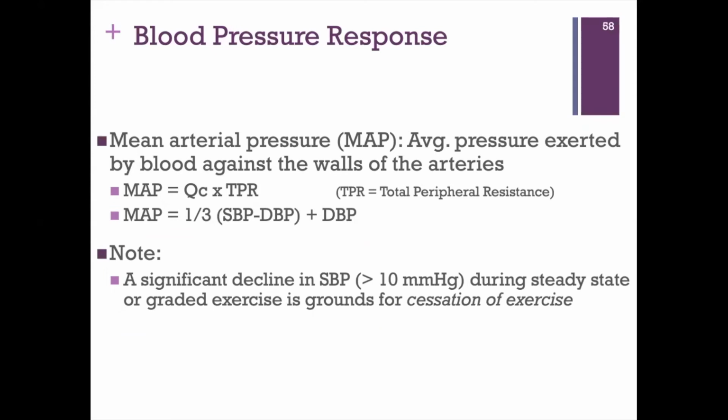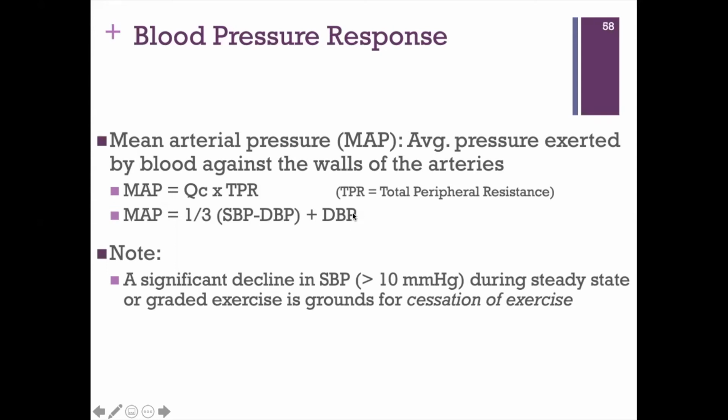But let's talk a little bit about blood pressure response also when we are exercising. So the mean arterial pressure is defined as taking a third of the difference between the systolic blood pressure and the diastolic blood pressure and adding back in the diastolic blood pressure. So it's taking a third of our pulse pressure and adding back in our diastolic blood pressure.